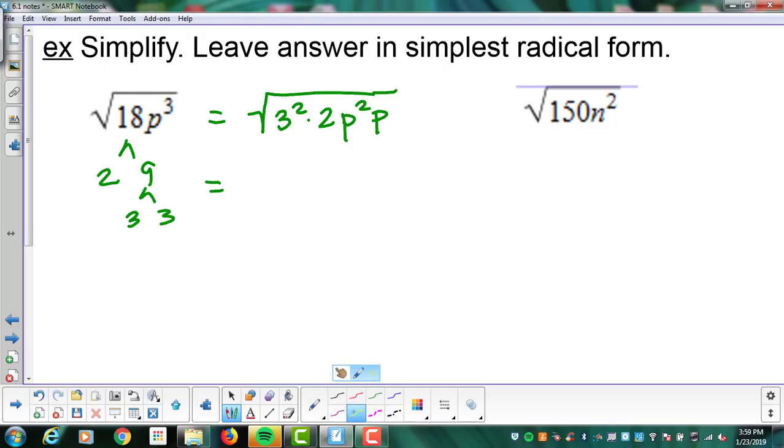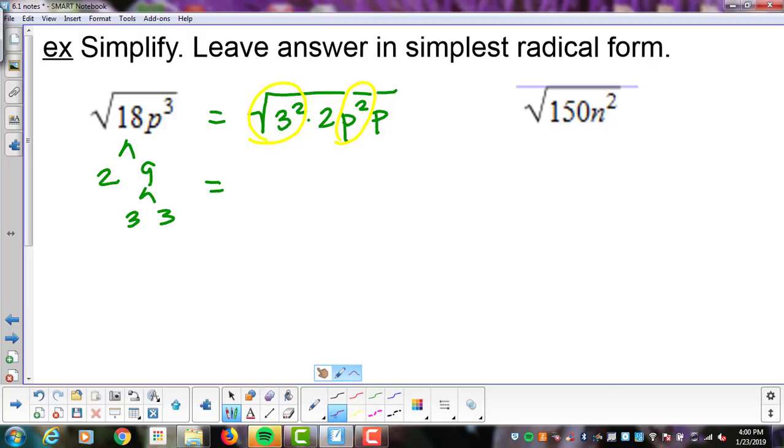Now, I can take the square root of this and the square root of this, but the 2 and the p are going to have to stay underneath. So I'm going to have 3p square root of 2p. Do I need absolute value? Yes, because I have an even index, which is 2, and this one has an odd exponent. And now that one's finished.